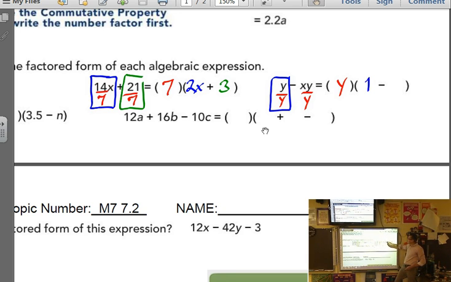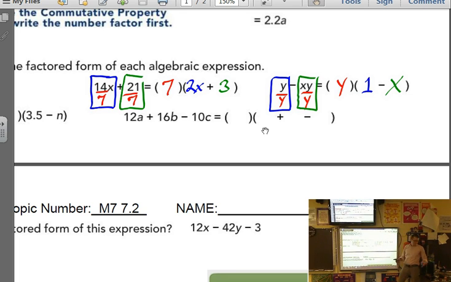Any number divided by itself is 1. Then, if I have a y on top and a y on bottom, they become 1. And Whitney, what am I left with from the top? The x. So we get just x. So we get y times the quantity, 1 minus x.